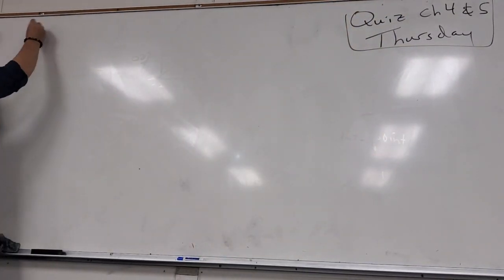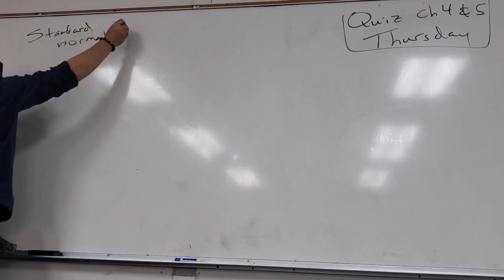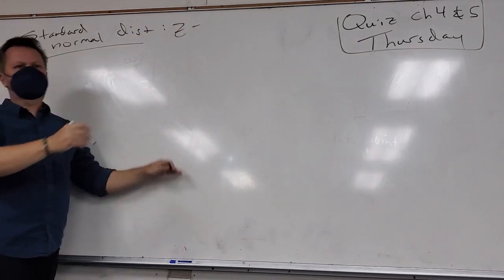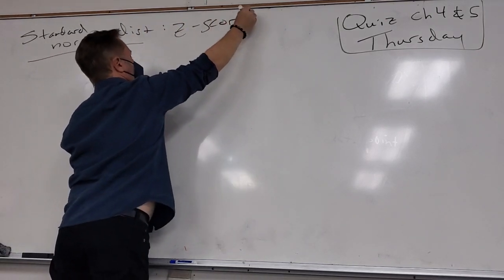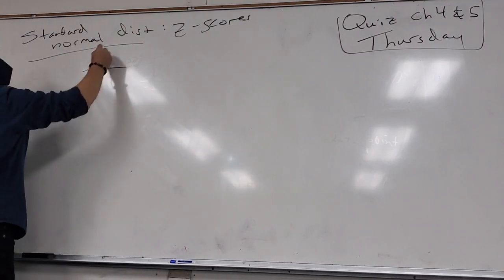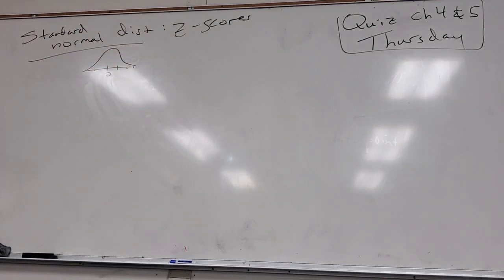If I say we have a standard normal distribution, that means everything is already z-scores. So this would have 0 in the middle. Any numbers here would represent a z-score. Is everybody with me? So that's what standard normal means. If I standardize something, I'm converting it to be the same amongst everything of that same shape. That's what z-scores do.